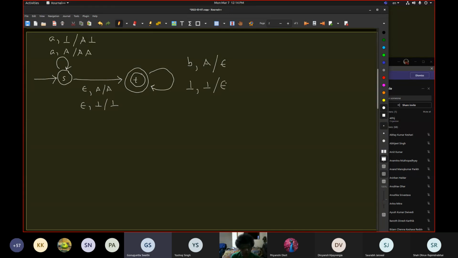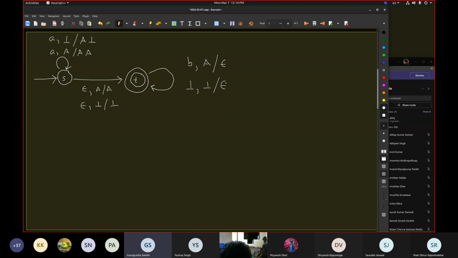So what is the language accepted by this machine? A power n, B power n.